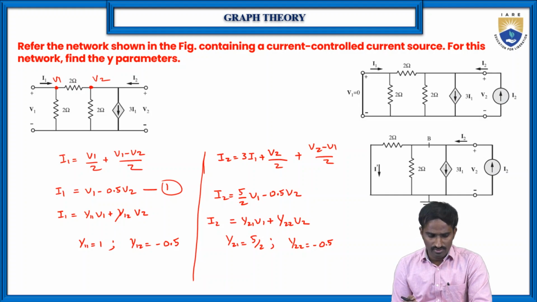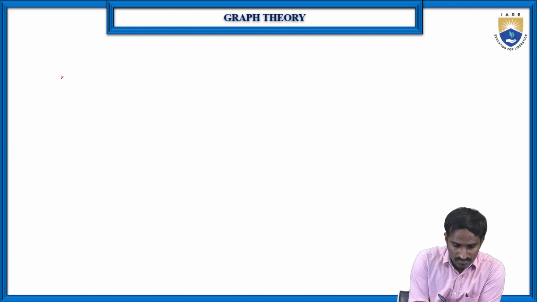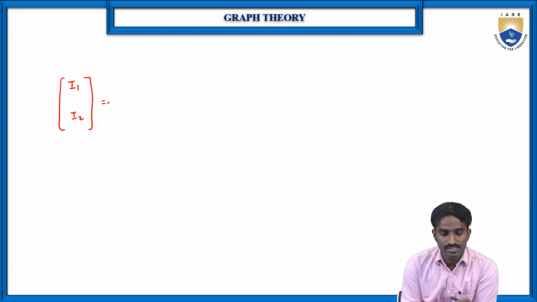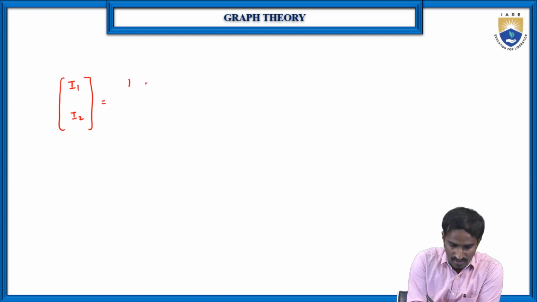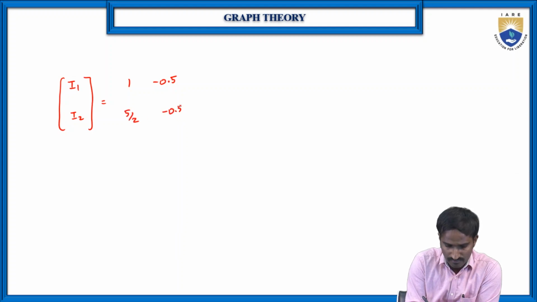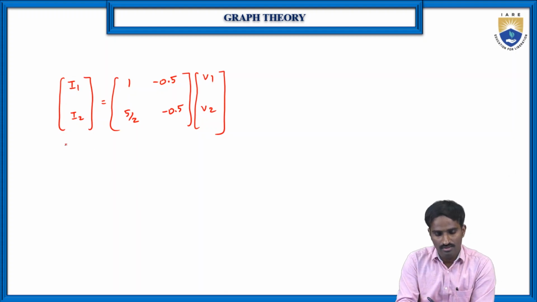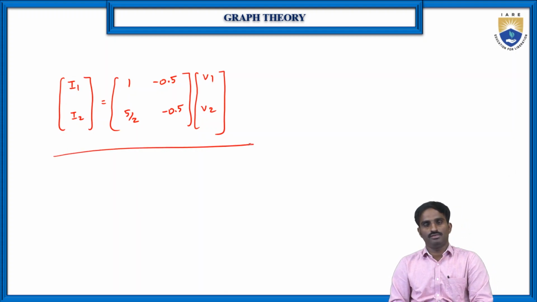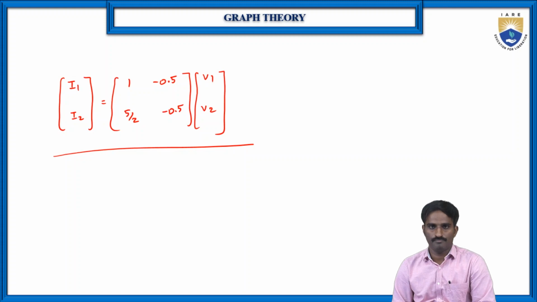Again, if you want to write this in matrix form, the same way, I1, I2 is equal to, in the first row, 1 and minus 0.5, and in the second row, 5 by 2 and again minus 0.5, into V1 and V2. So this is how we can find the Y parameters, right?